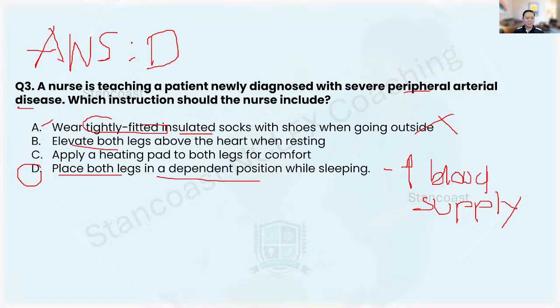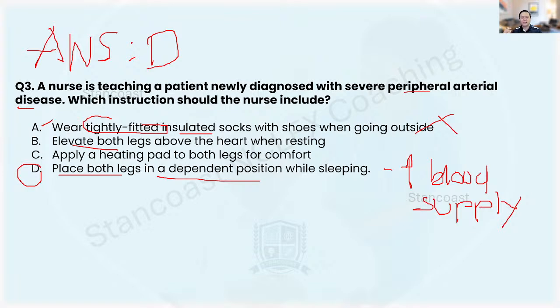Elevate both legs above the heart when resting. Again, this is contraindicated in peripheral artery disease, because when you are putting the legs higher above the level of the heart, the more there is a compromise in the blood supply. Remember that the color will start to get pale. The sensation will also be different. Have you tried this, guys?